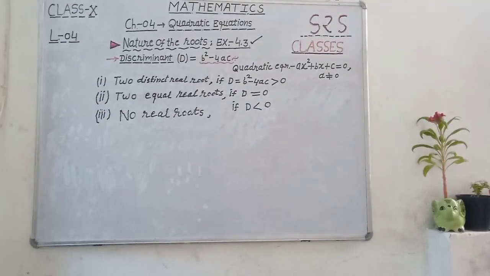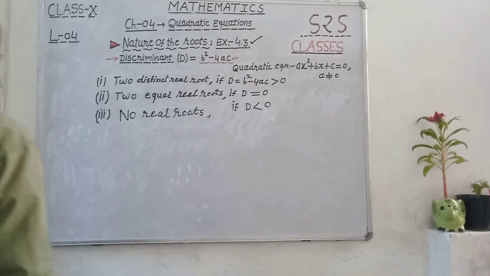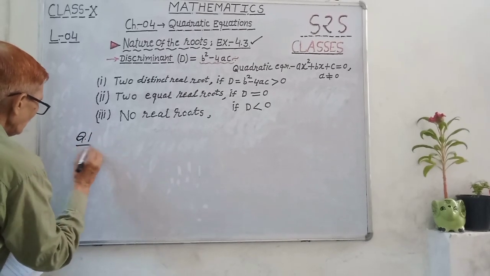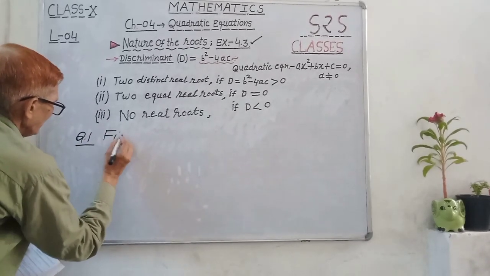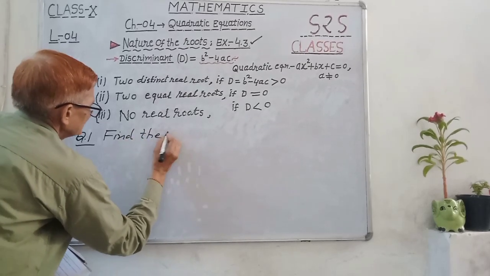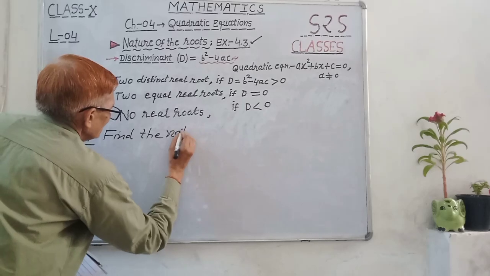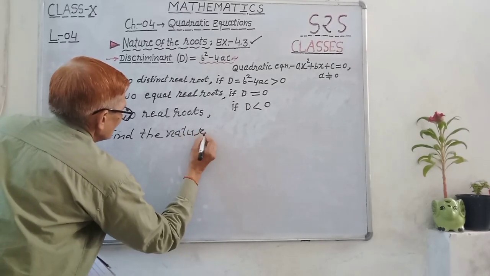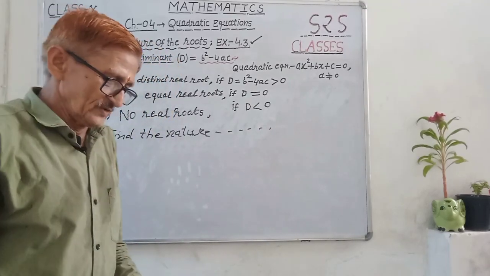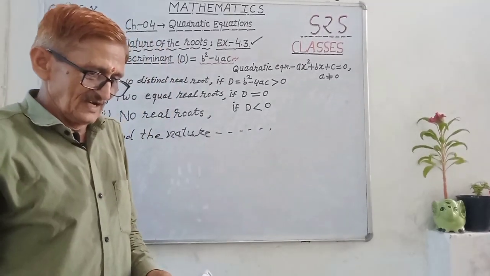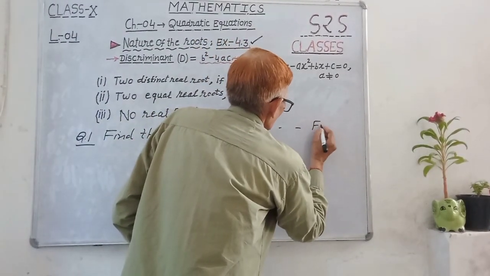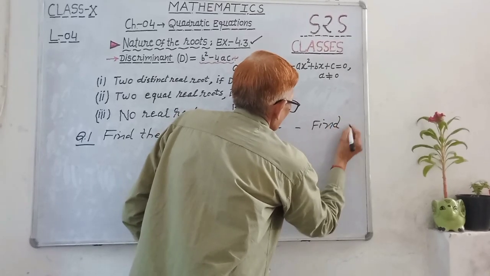Exercise 4.3, question number 1 is: find the nature of the roots of the following quadratic equations. If the real roots exist, find them.